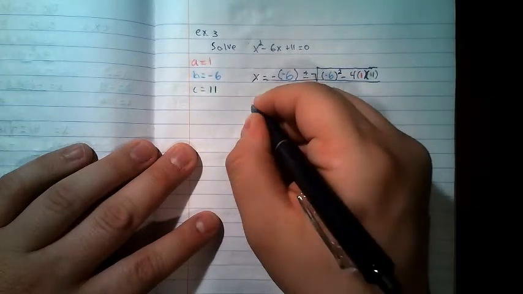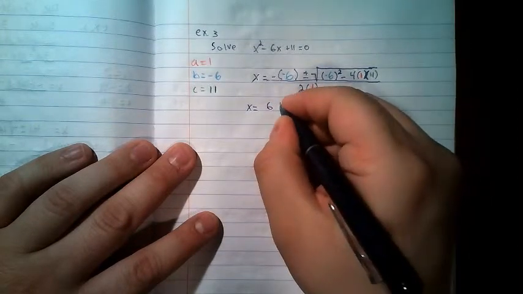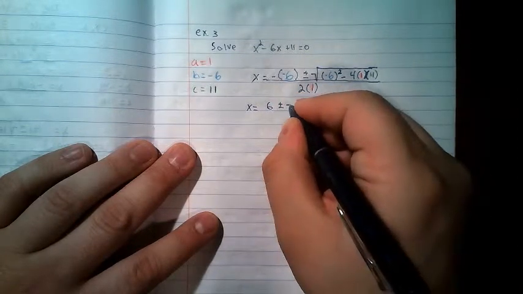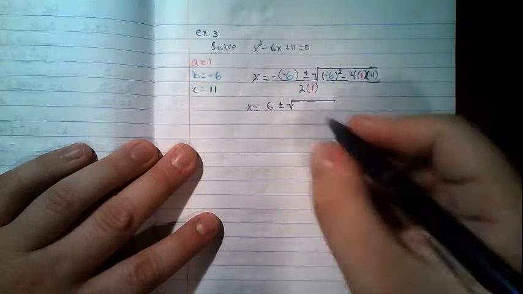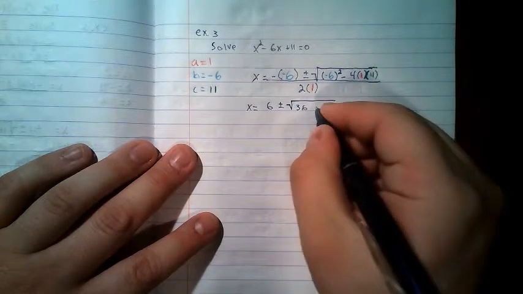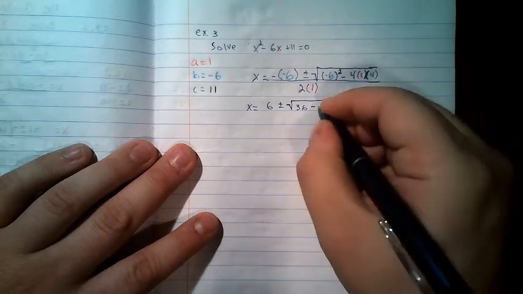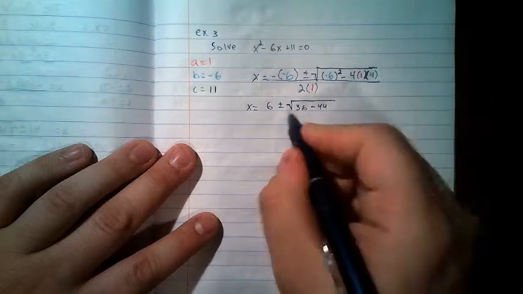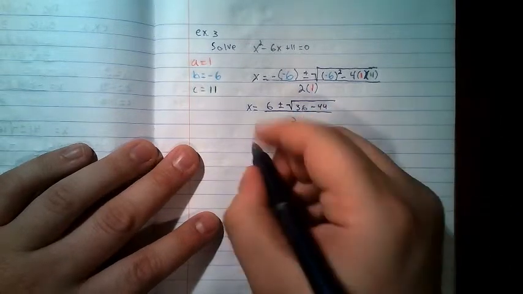So x equals -6 is a +6 plus or minus the square root of -6 squared is 36. I'm subtracting 4 times 1 times 11 is 44. All over 2 times 1 is 2.